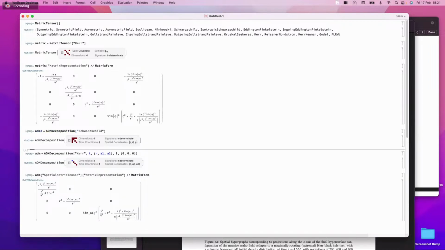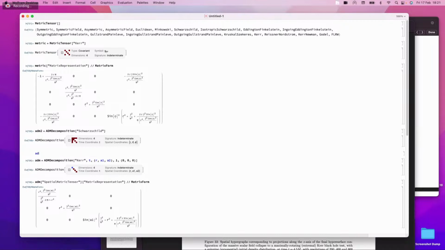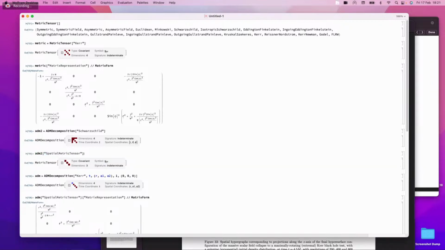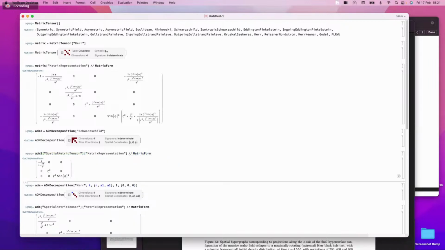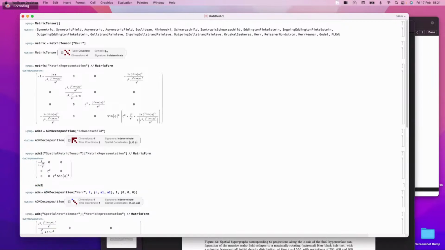Here, let's imagine we didn't know the space-time form of the Schwarzschild metric. Suppose we just had the data for an initial Cauchy surface, an initial space-like hypersurface. That would be this thing here. And then what ADM decomposition says is, show me symbolically what the space-time metric tensor would look like if I were to evolve the Einstein equations from that initial data.